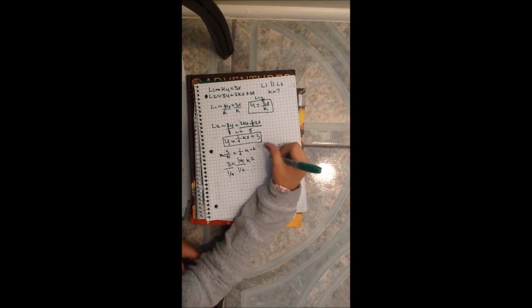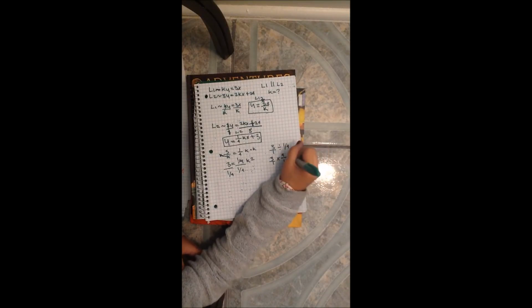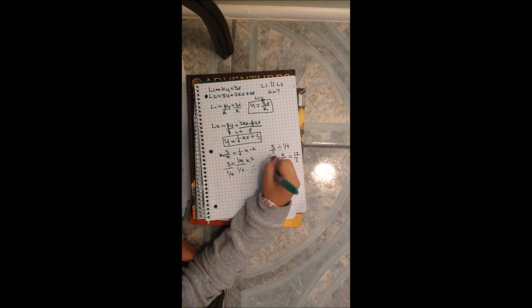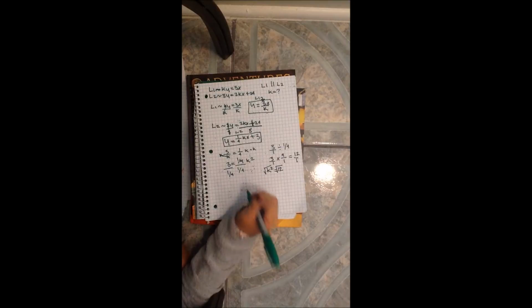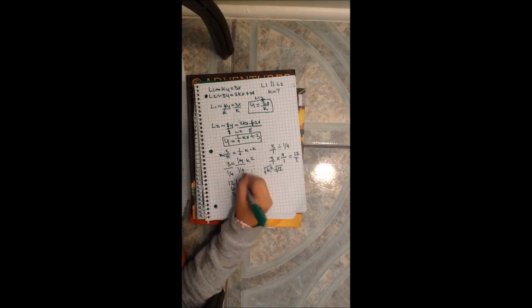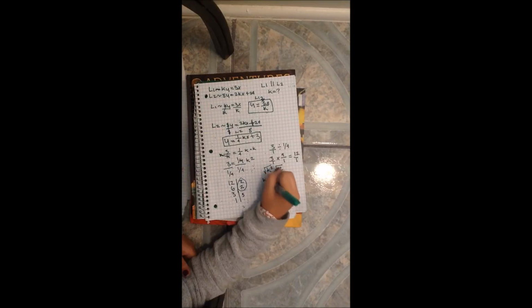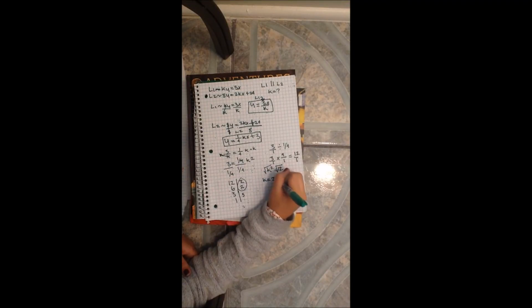So you do keep change flip, so 3 over 1 times 4 over 1, which would equal 12 over 1. So k squared equals 12, and then square root it, and you have to factor it. So 12 divided by 2 is 6, divided by 2 is 3, and then divided by 3 is just 1. So I have one pair. So k equals 2 square root of 3.